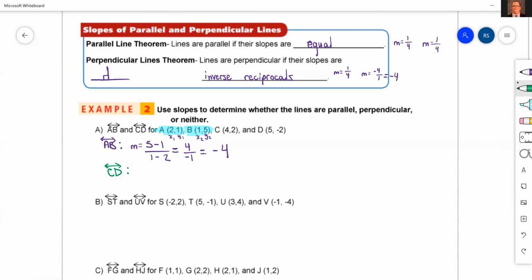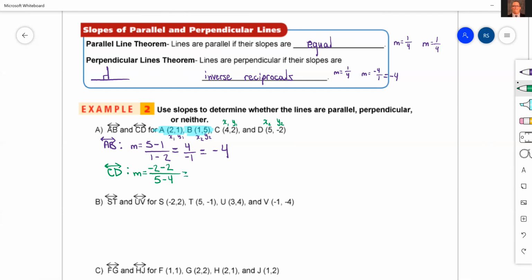Now let's look at CD. So label our points, x1, y1, x2, y2. y2 is -2 minus 2 over x2 is 5 minus x1 is 4.